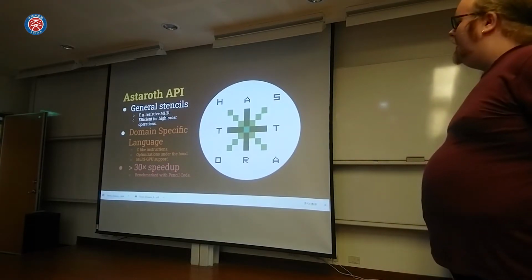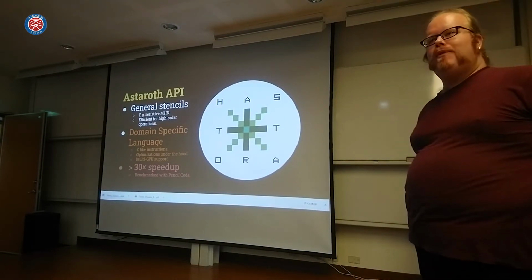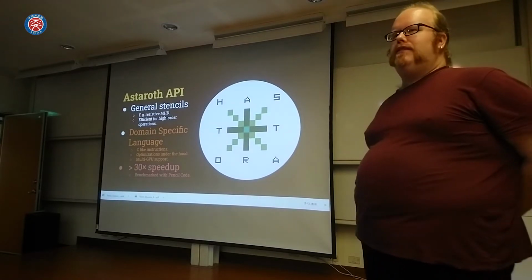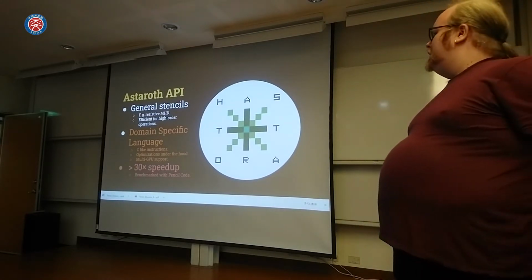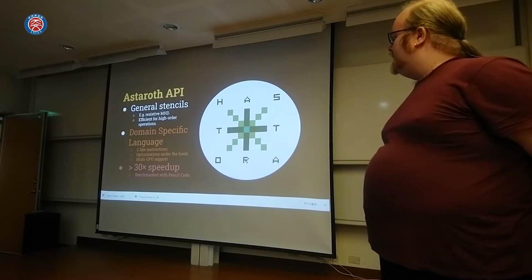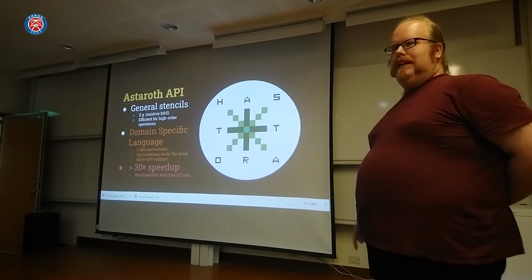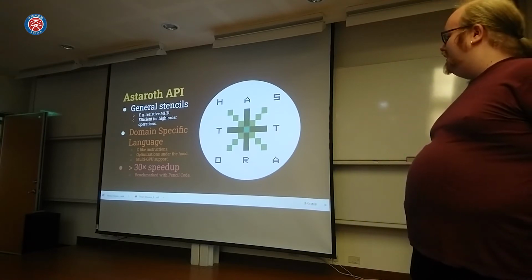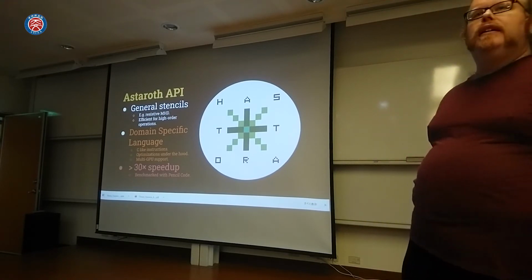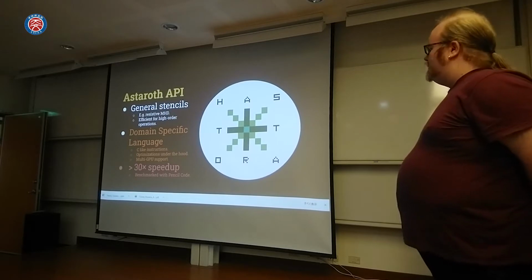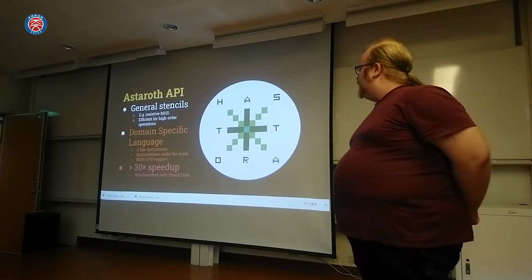Astaroth started from Finland and later continued here, but it's mostly been developed by two people: me and a computer scientist, Johannes Pekkilä in Finland, and then some other people here and there.